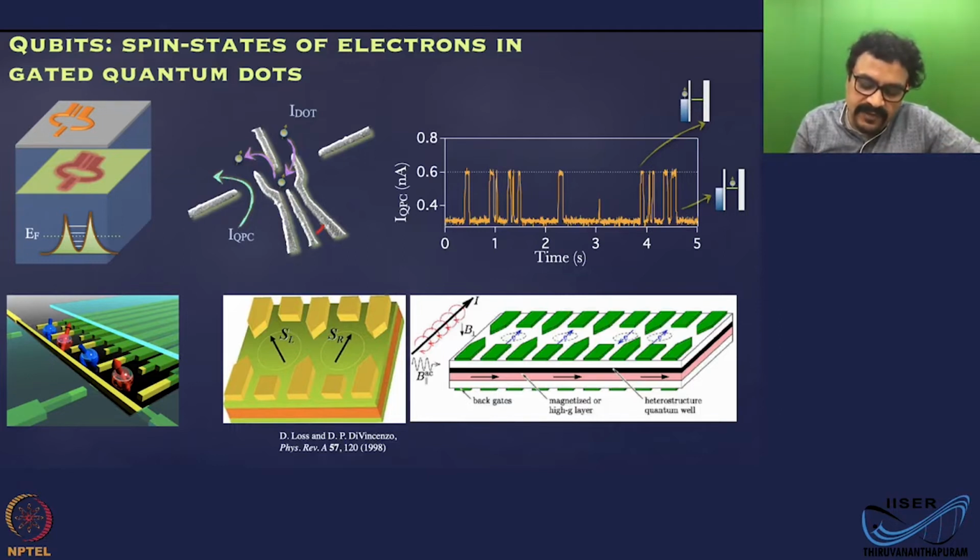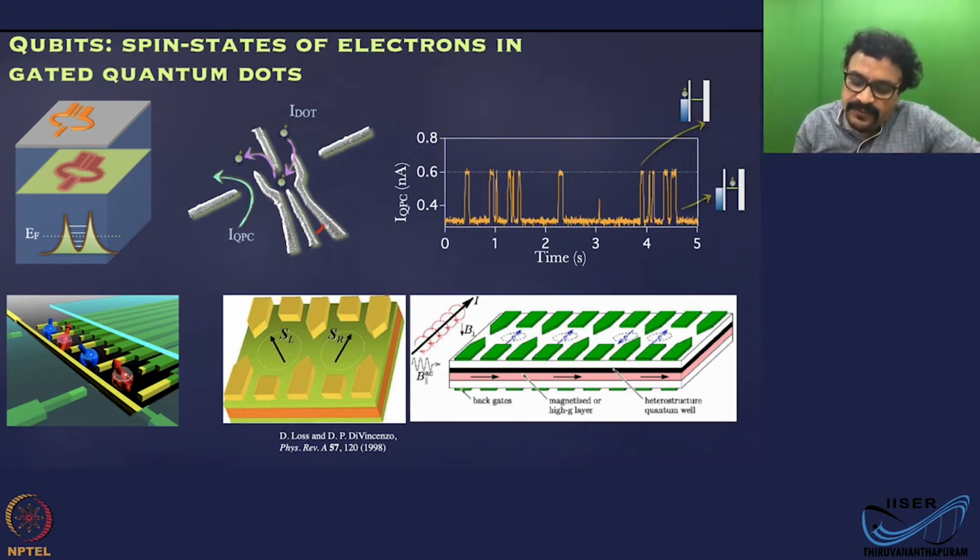With the help of the charge sensor on the side, which is a quantum point contact, this also we have discussed, you can detect the electron configuration of the dot or charge state of the dot, and the other temporal parameters of electron tunneling events too.